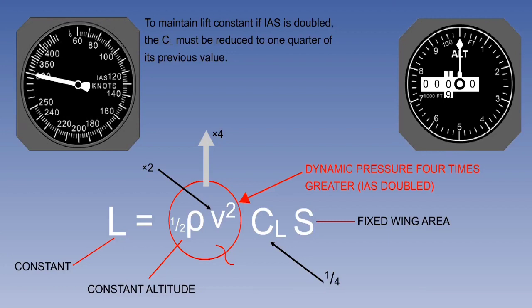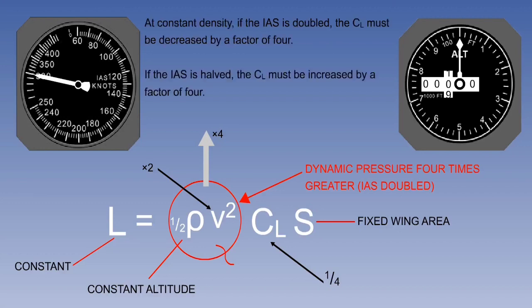In other words, to a quarter of its previous value, by reducing the angle of attack appropriately to keep the aircraft at a constant height. To make this principle easy to understand, we can say that TAS will change in proportion to IAS at a constant altitude. This is, however, not true of speeds above Mach 0.4.